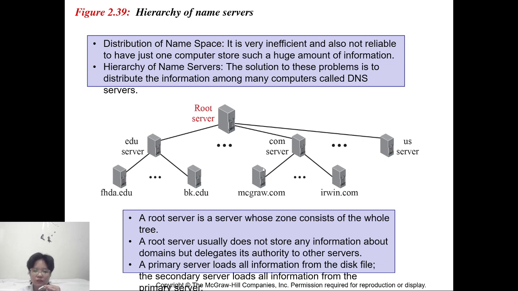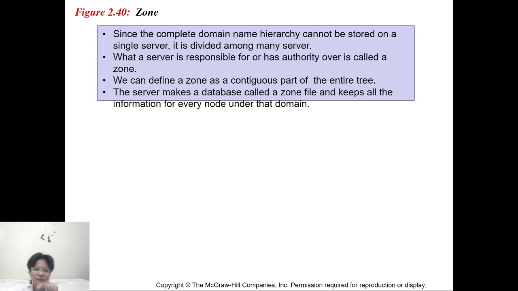A root server usually does not store any information about domain names, but delegates its authority to other servers. A primary server loads all information from the disk file. The secondary server loads all information from the primary server.